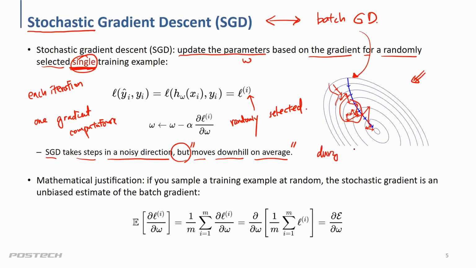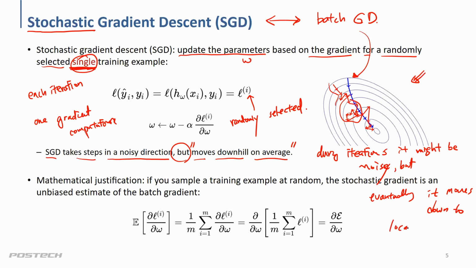So during iterations, it might be noisy, but eventually it will move down to a local minimum. That's what we want to believe, right? And the mathematical justification, you don't have to understand, but if you sample a training example at random, the stochastic gradient is an unbiased estimate of the batch gradient.